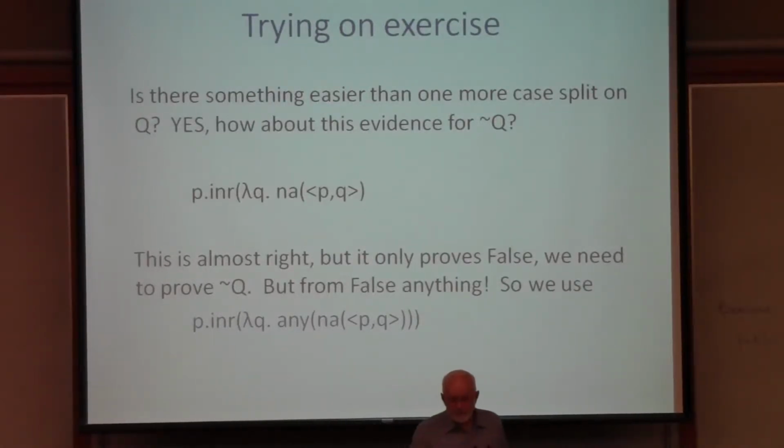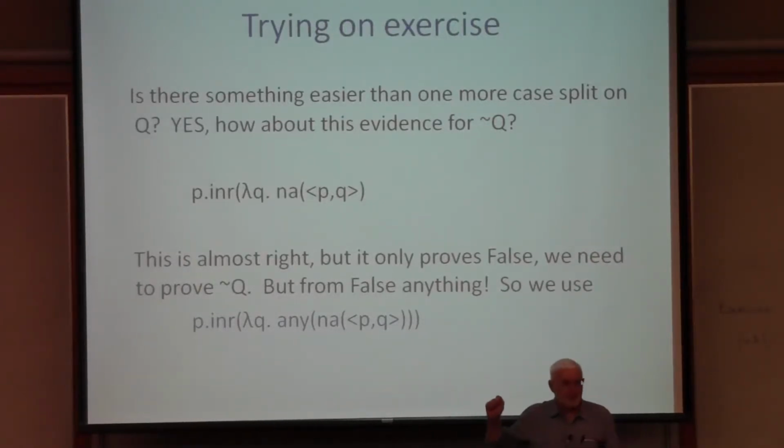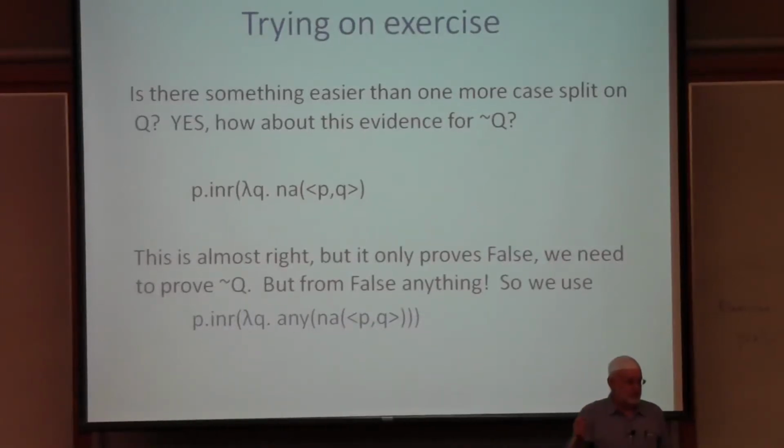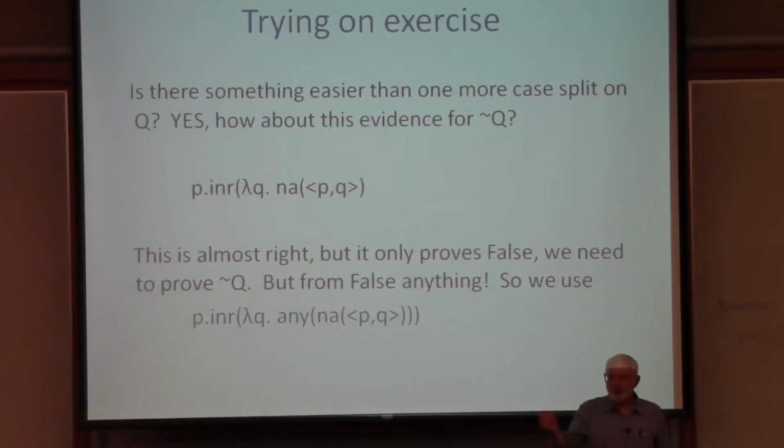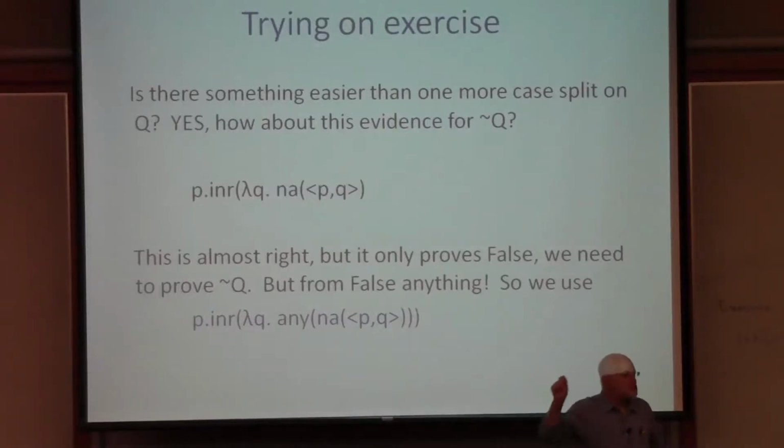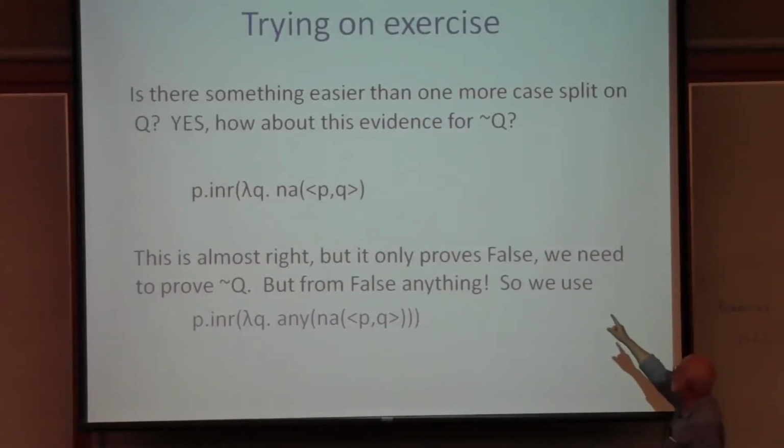Yes. Okay. So how about this kind of evidence for not Q? One way to get evidence for not Q would be to assume Q is true and then get false, right? So you say, maybe I can do that without knowing anything more about Q. I'm just going to go for that not Q disjunct.